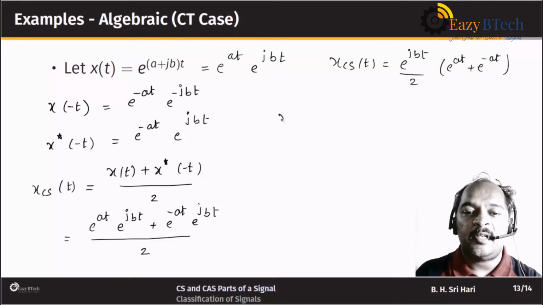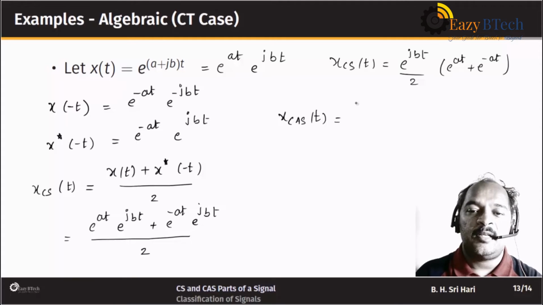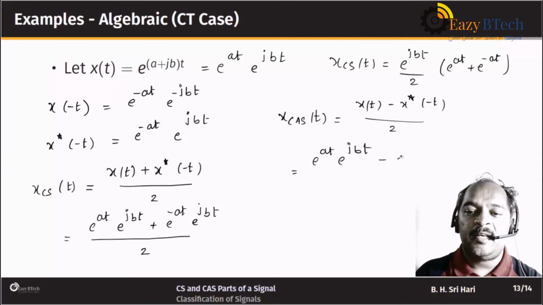Similarly, what is the conjugate anti-symmetric part of t? That is nothing but x of t minus x star of minus t, whole divided by 2. After substituting, you get e power at times e power jbt minus e power minus at times e power jbt, whole divided by 2.